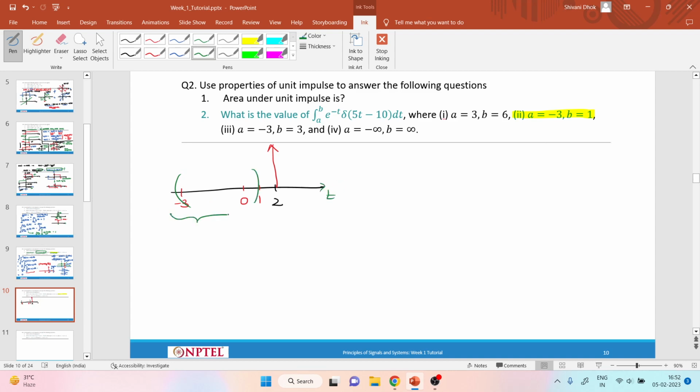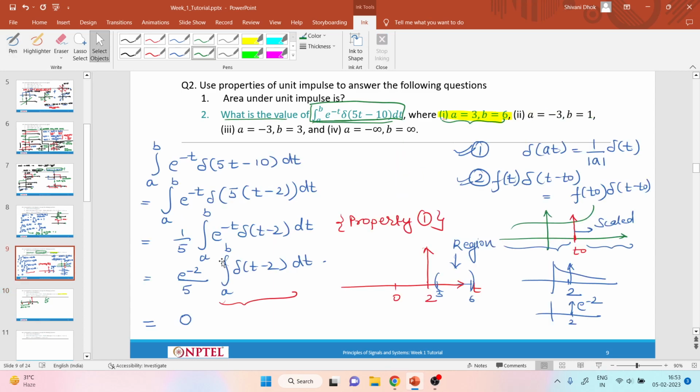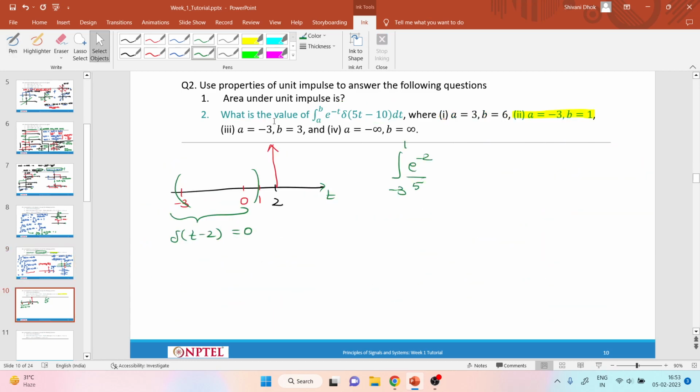Again, in this region, your impulse delta of t minus 2 takes the value of 0, and therefore again this integral from minus 3 to 1 of e power minus 2 by 5, which we have obtained here, I am repeating the same thing here, delta t minus 2 dt will be equal to 0.